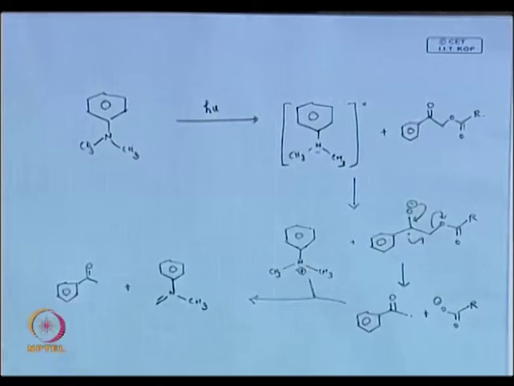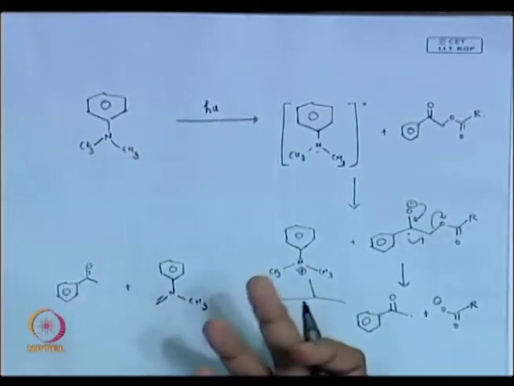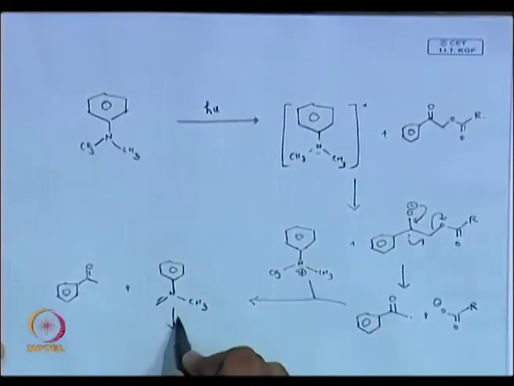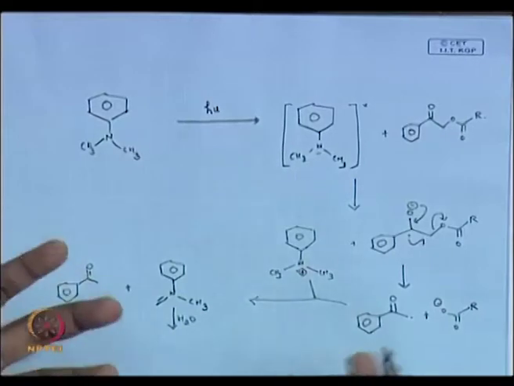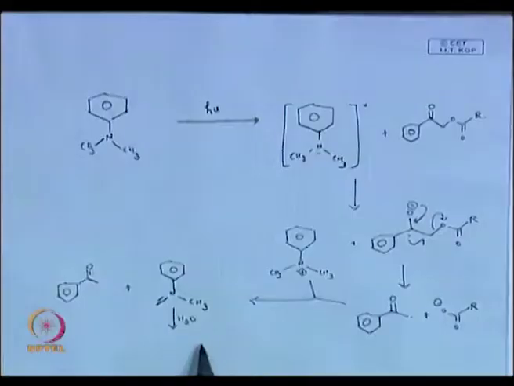If you are doing this reaction in water, then you think your amine gets hydrolyzed. Okay. See, most of this photolysis you do in water because you want to do it in a biological system.